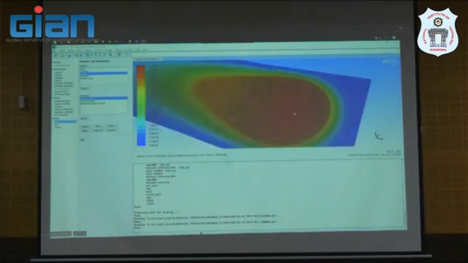We can see that the liquid flows from the center to the side of the metal pool because of the magnetic force.